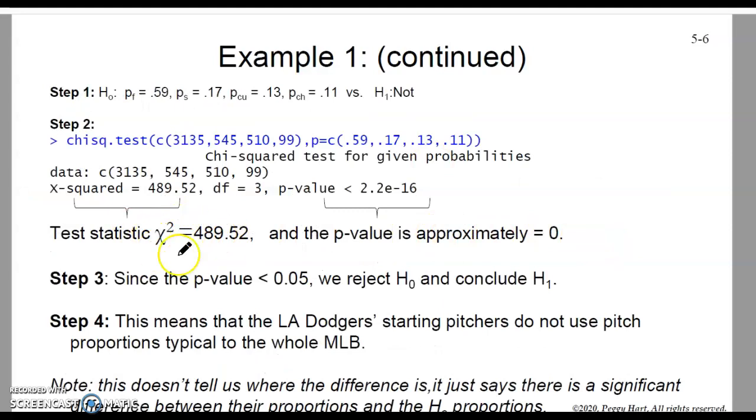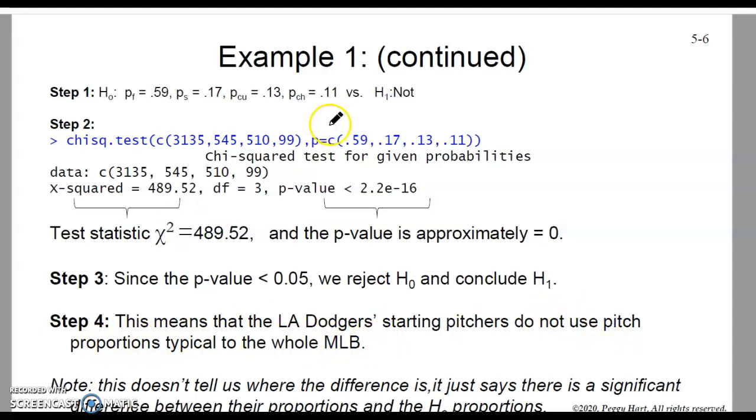Okay, so here's the chi-square test. Here I wrote it with the right symbol, and the p-value is approximately 0. It's fine for something that size, just say it's about 0. Step 3, the p-value is less than 0.05. We reject H0 and conclude H1, right? So you've been doing this. This means the LA Dodgers starting pitchers do not use pitch proportions typical to the whole MLB.